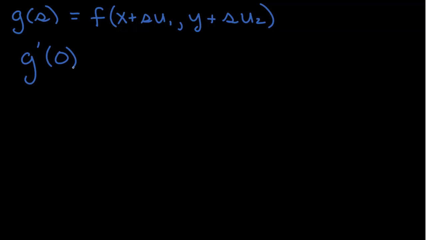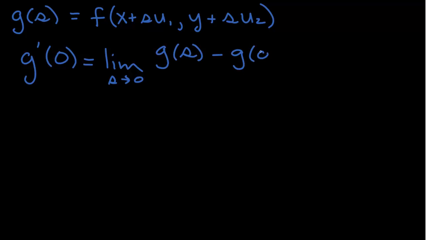Now, by definition, that's going to be the limit as s goes to 0, and up here we're going to have g of s minus g of 0, and down here we would have s minus 0. I'm kind of using the alternative definition of a derivative, right? It's just the change in the function values over the change in the independent variable values. But this right here is g prime of 0, isn't it?